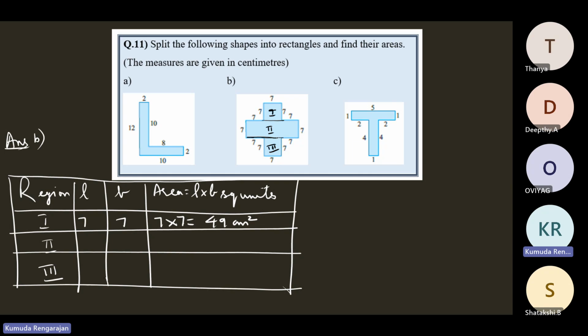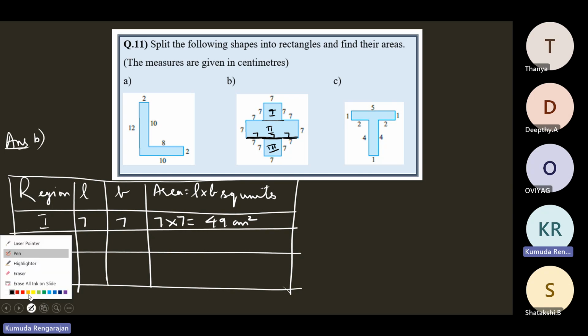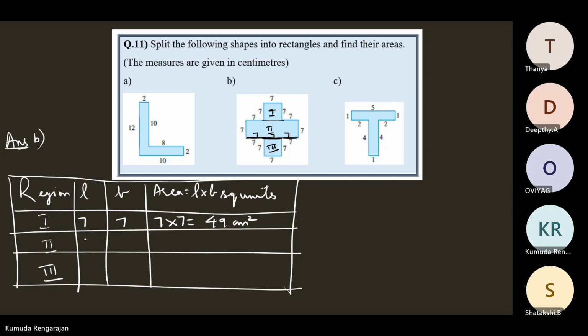We know it is 7 from here to here, another 7 from here to here, and another 7 from here to here. So 7 plus 7 plus 7, 21 is the length of region 2.